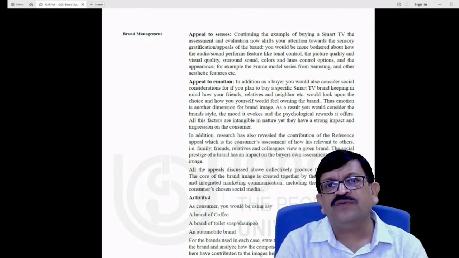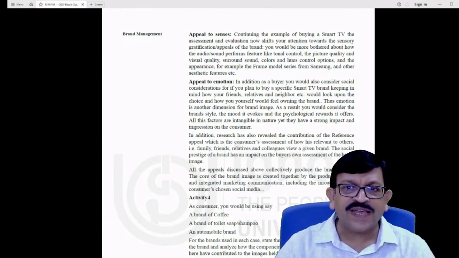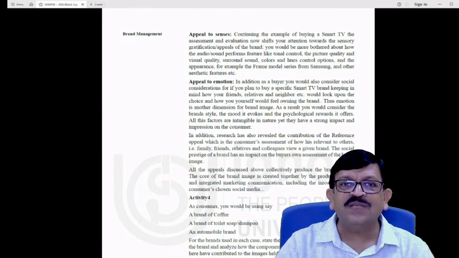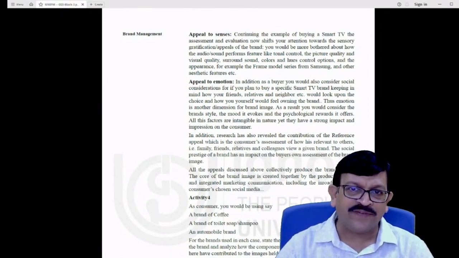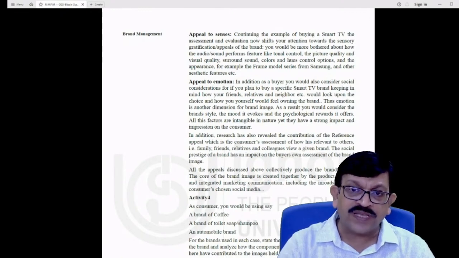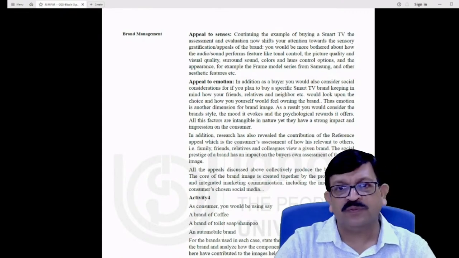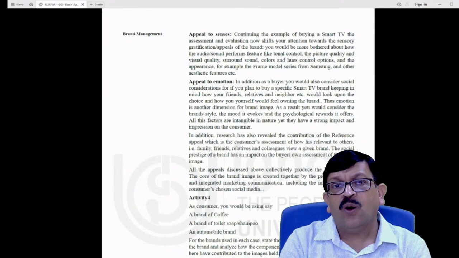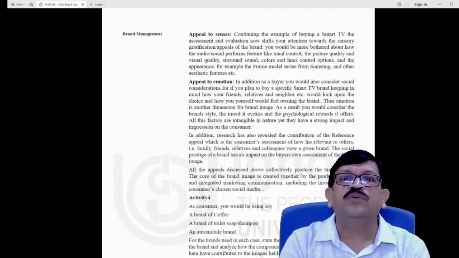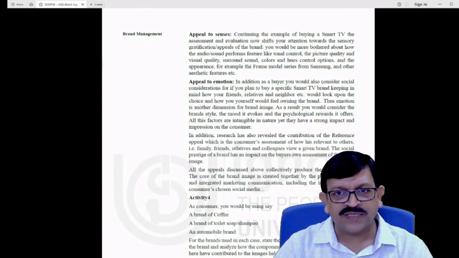It's a combination of various factors, and all these sensitize the various sense organs of a person. It makes you feel good, it makes you feel gratified. So product design and product execution, how the product works, all these are looked into while building how it appeals to the senses.